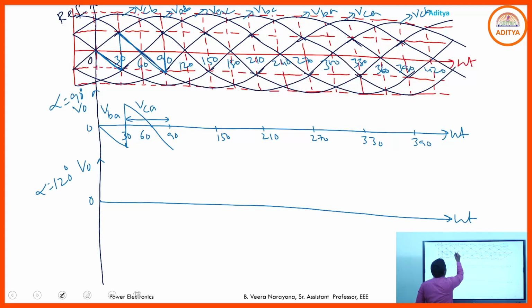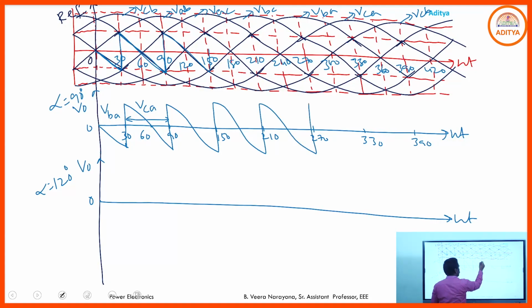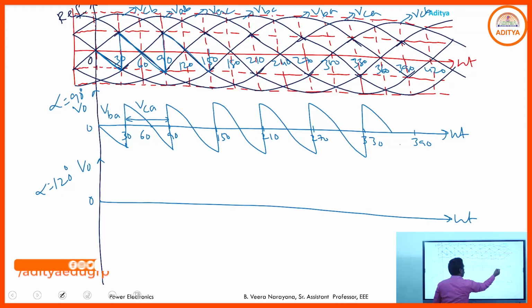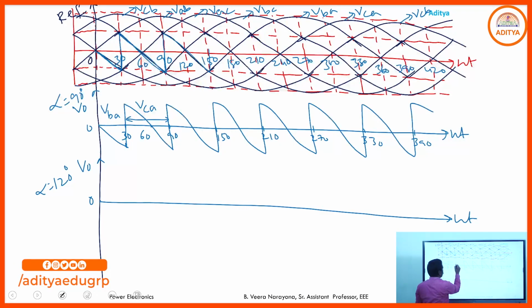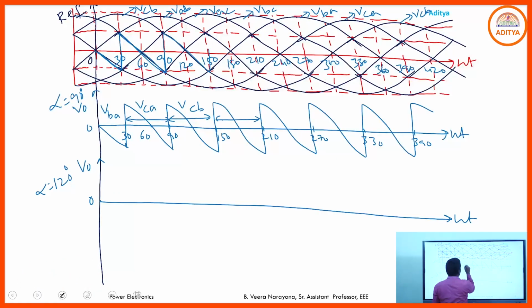After that VCB, VAB, VAC, like this. So here it is VCB, VAB, VAC, VBC, VBA. So this is the representation of the output voltage waveform for alpha is equal to 90 degrees.